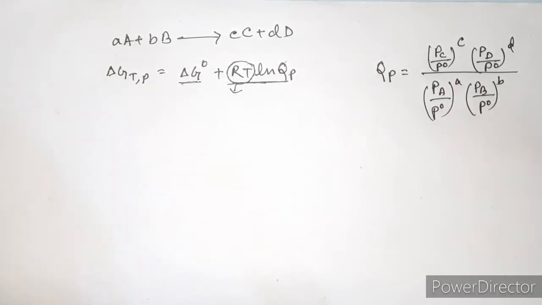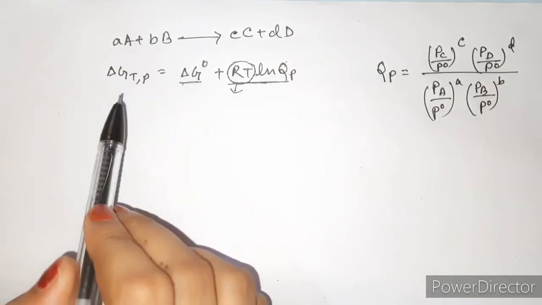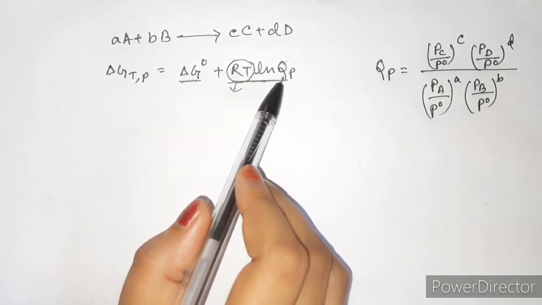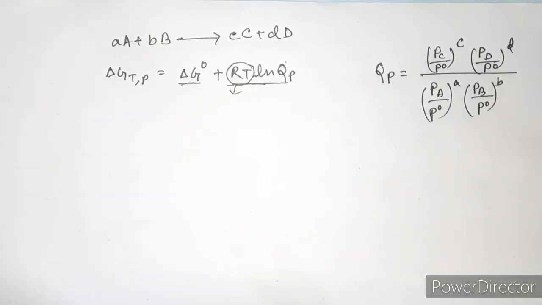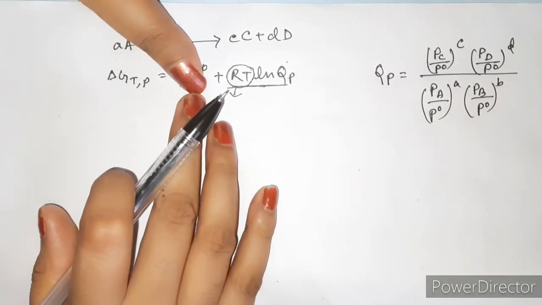Now whether the reaction is spontaneous or not, whether the forward or the backward reaction is spontaneous or not, you can tell by the value of Qp. Now del G0 is a constant value.